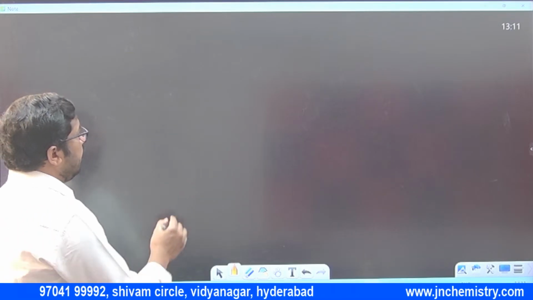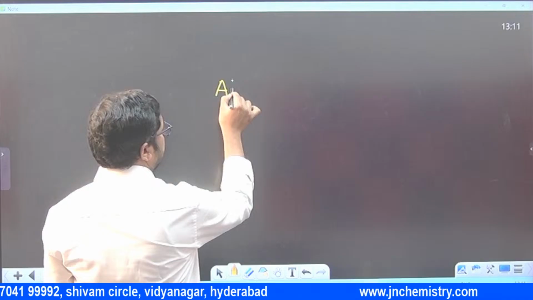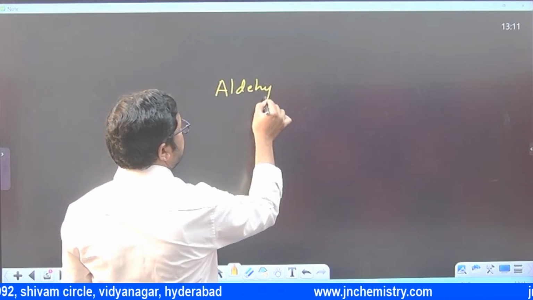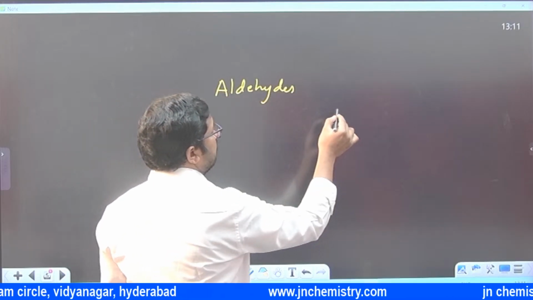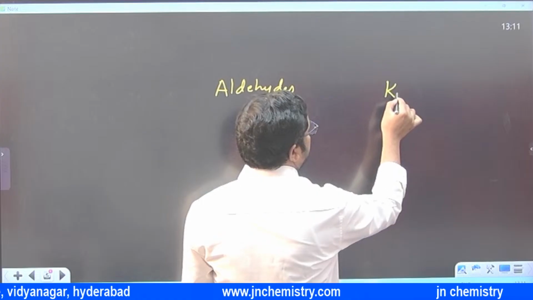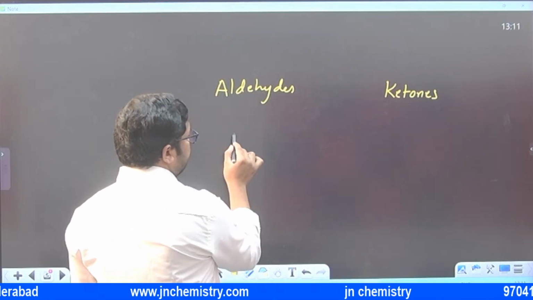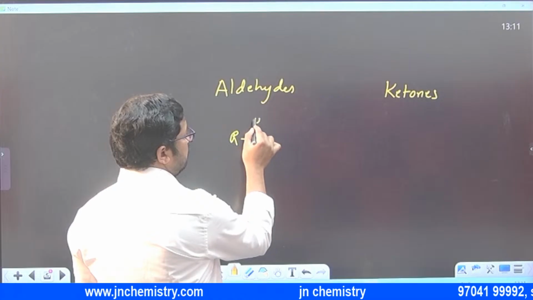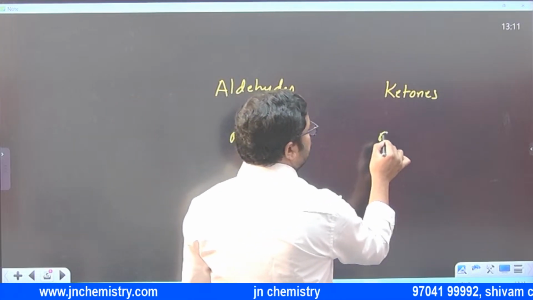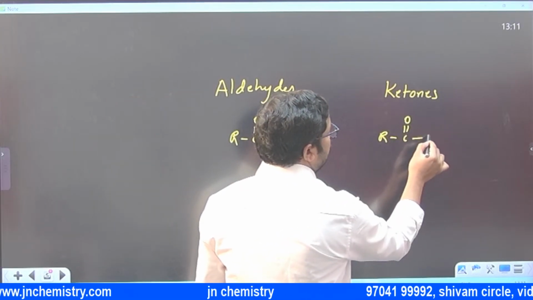First, here is aldehydes and ketones, no? Aldehydes and ketones. Aldehydes we could say RC double bond OH. Ketones RC double bond OR.